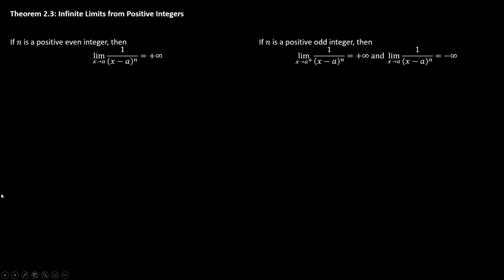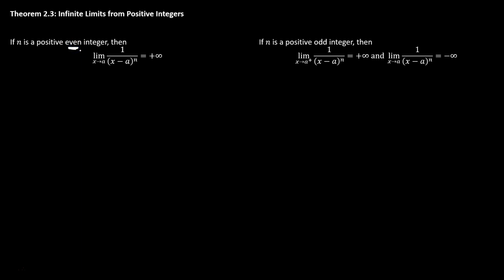This leads us to a question about a pattern. And in fact, there is a pattern. Theorem 2.3 points out this pattern. It says that if you have a rational expression of the form 1 over (x minus a) raised to the nth power, then we have two possibilities. One possibility is that that exponent is even.